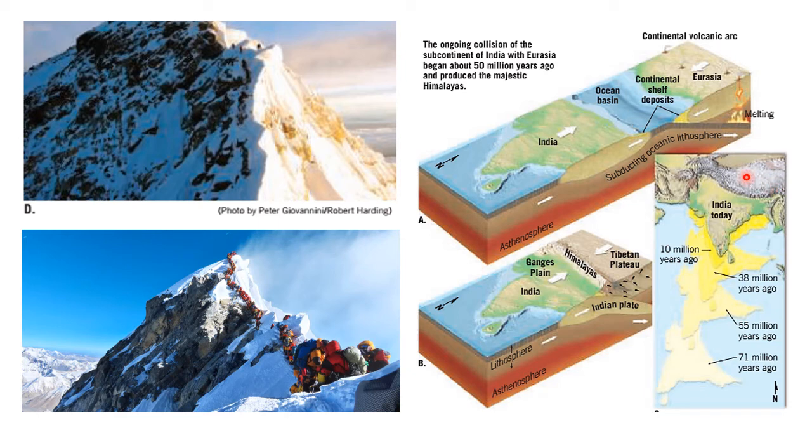During this collision, the continental crust buckled and fractured and was generally shortened horizontally and thickened vertically. In addition to the Himalayas, several other mountain systems including the Alps, Appalachians and Urals formed as continental fragments collided with another continental lithosphere.